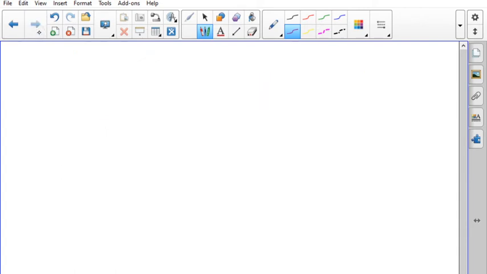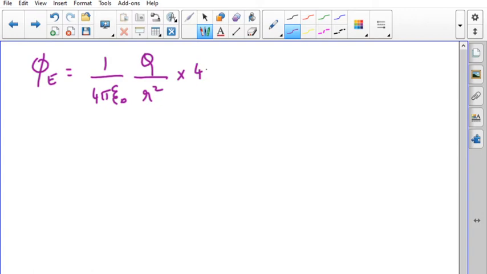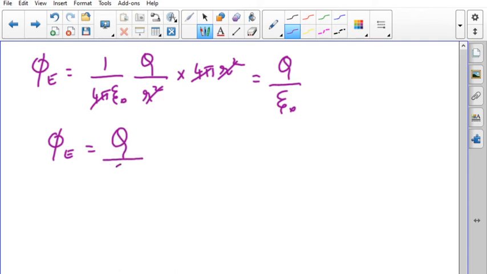Substituting these values, you will get phi E is equal to 1 by 4 pi epsilon naught Q by r squared into 4 pi r squared. The 4 pi r squared cancels and we get Q by epsilon naught. This equation is called Gauss law: phi E is equal to Q by epsilon naught.